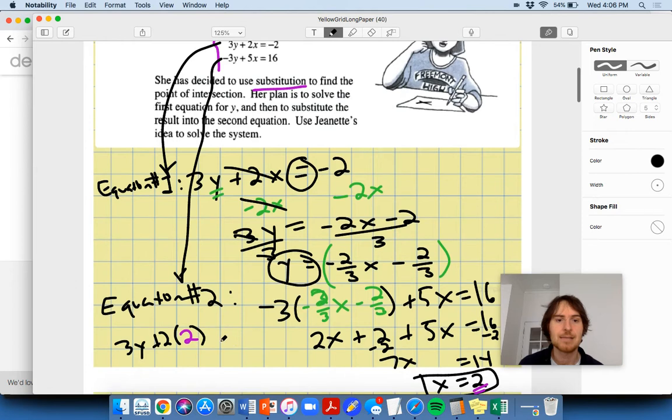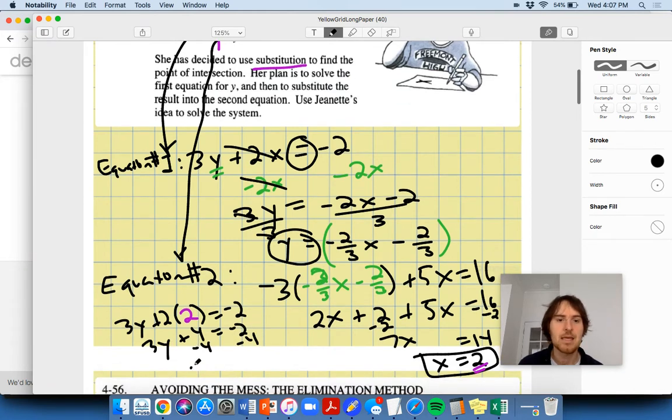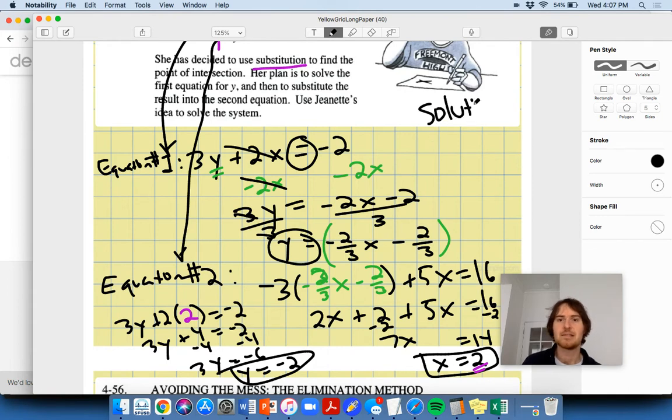So then I get 3y plus 4 equals negative 2. Subtract both sides by 4, because again, I'm simplifying away from the y. And I get 3y equal to negative 6. So y equals negative 2. So my solution to the system, I did all that work to find the common intersection, is going to be (2, negative 2).